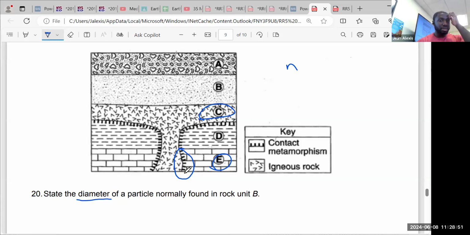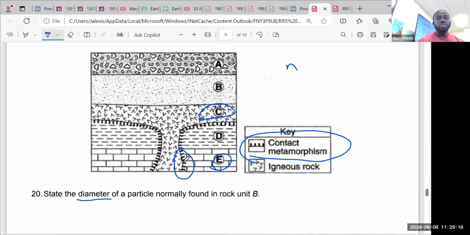The key, explain to me. All right, that is an important part. These hatches right here represent contact metamorphism. That means that it has to be a rock that has experienced contact metamorphism, right?